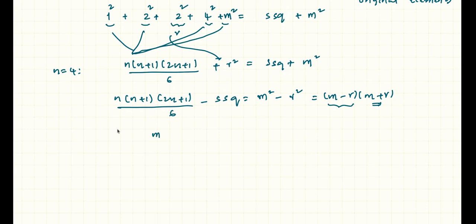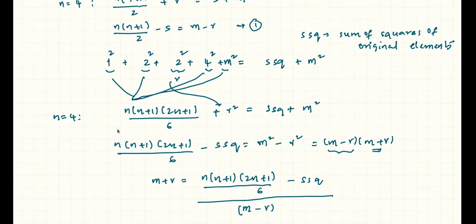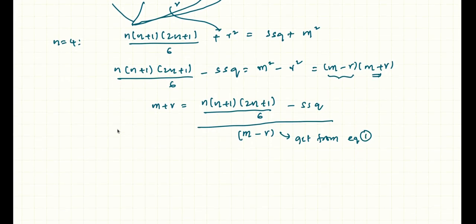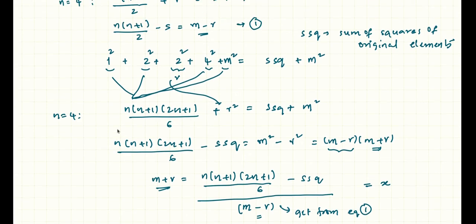So m plus r is equal to n into n plus 1 into 2n plus 1 divided by 6 minus summation of squares, divided by the value of m minus r, which we can get from the first equation. Let's call this value of m plus r as x.